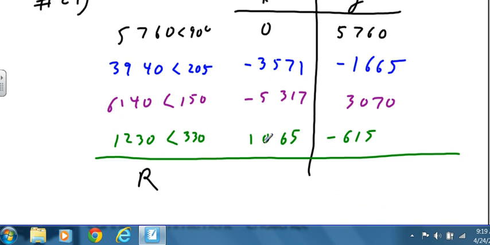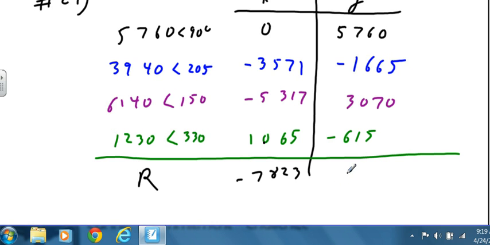So my resultant: I got minus 3571 minus 5317, so my x component is minus 7823. Then for y, I got 5760 minus 1665 plus 3070 minus 615.